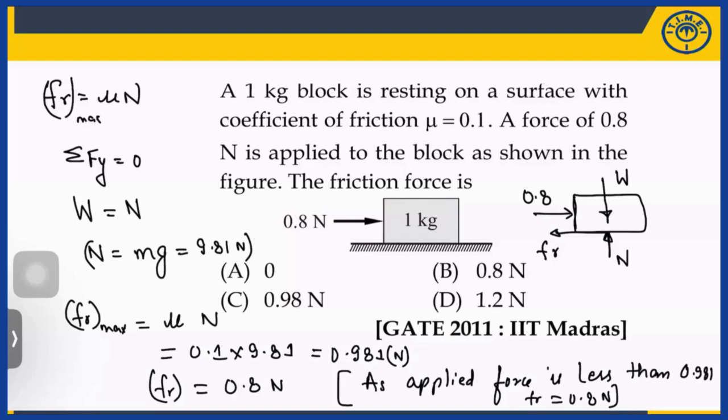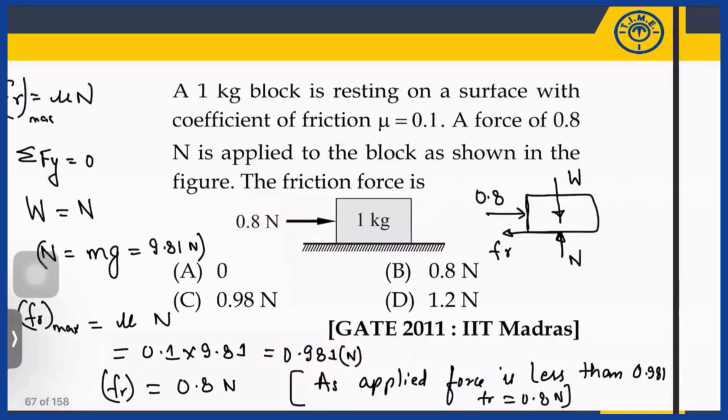Sir, it will be 0.5 into 9.81. No, no, I'm not giving that. 0.1 is the coefficient of friction. 0.5 Newton force is acting. Okay. You calculated the friction force is 0.981. I'm asking what will be the friction force if the force is 0.5? If force is acting 0.8, what is the friction force? 0.8 only, no?